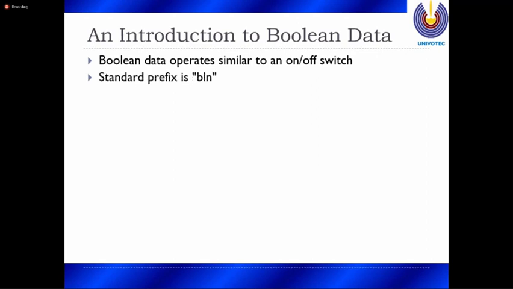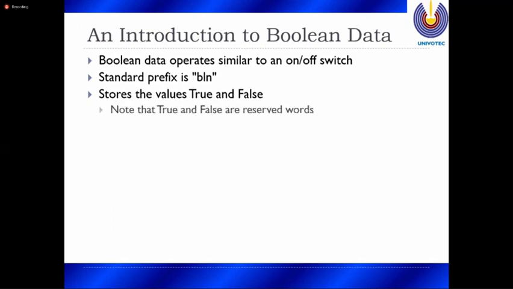The standard prefix for that variable name is bln for Boolean. If your variable is a Boolean data type, you can use only true or false, no other.